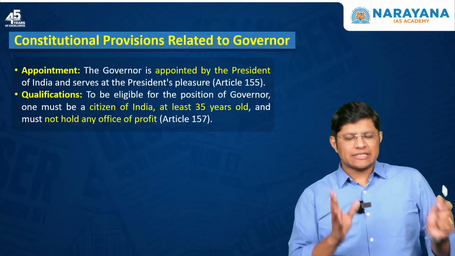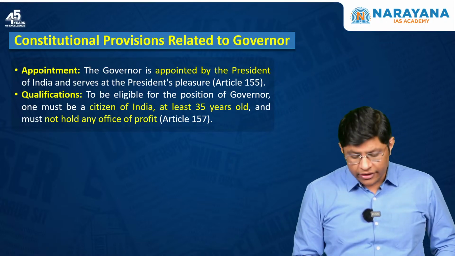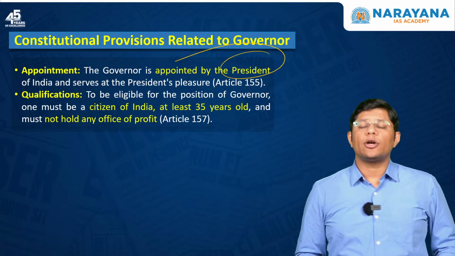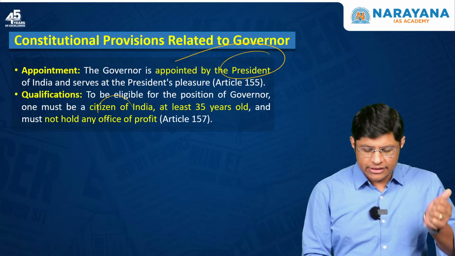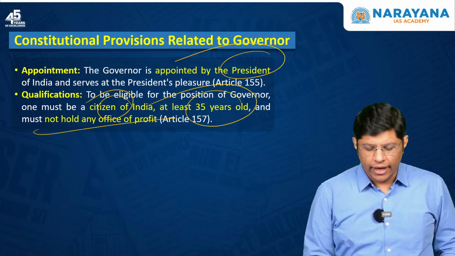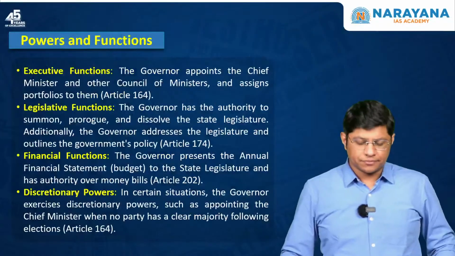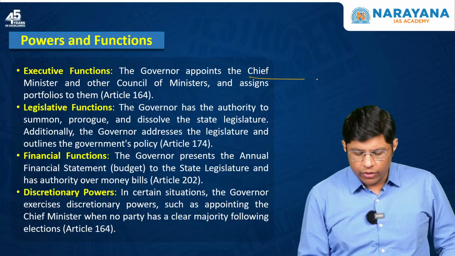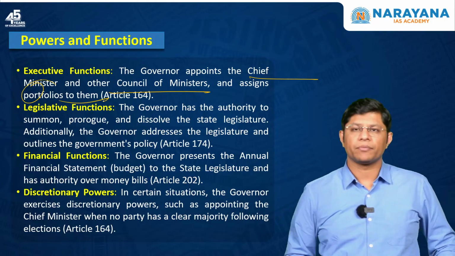Let us first understand the constitutional provisions related to the governor. First, the governor is appointed by the president. Second, the eligibility criteria: he should be a citizen, at least 35 years old, and should not hold any office of profit. Next, executive functions. The governor appoints the chief minister and other council of ministers and assigns portfolios to them.